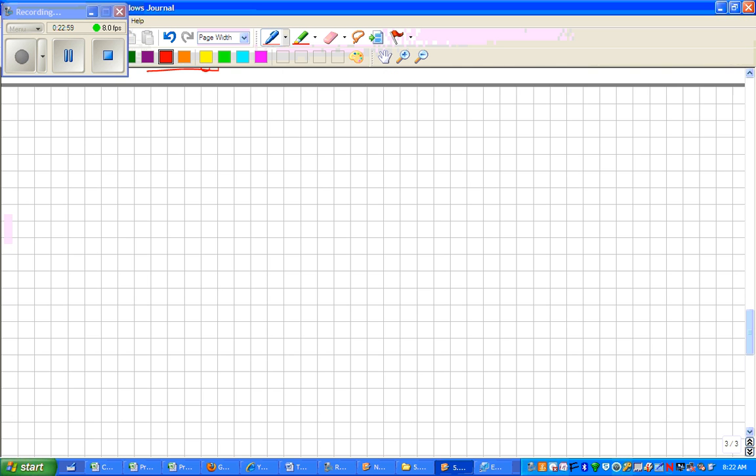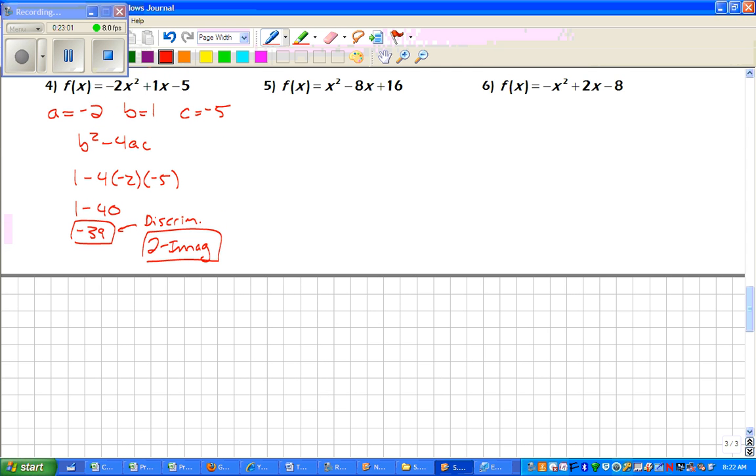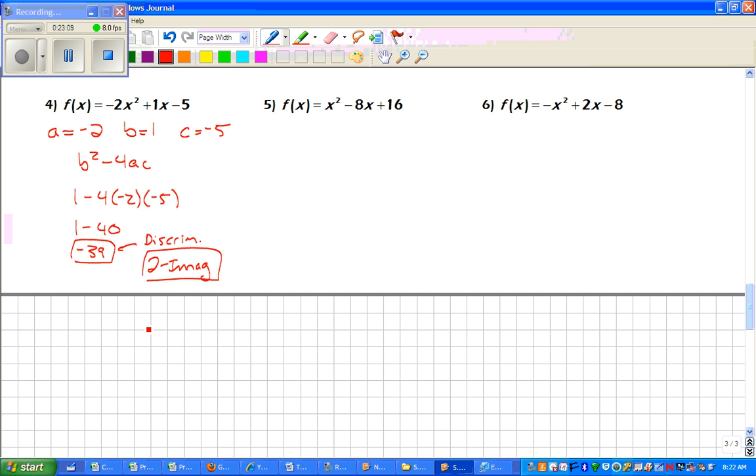Alright. I got one more quick thing, because I also said this discriminant also tells you about where your vertex is located. Correct? Okay. When you look at this number 4, you can tell me right away by looking at this negative 2 that the parabola opens which direction? Opens down. So you know this thing is going to open down. If I draw a parabola that opens down like this, how many solutions do I have? 2 real.